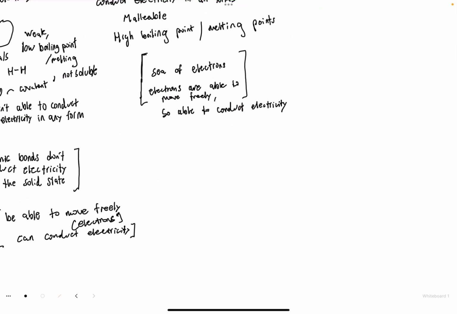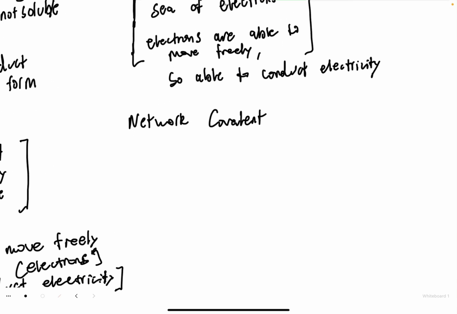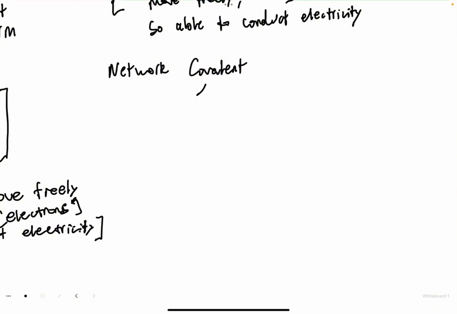So let's go back and try 2 new types of bonds. So let's do network covalent. As the name suggests, network covalent is still a covalent bond. It's just that these bonds are incredibly strong. They're way stronger than your original covalent bonds, and they sort of form this 3D sort of shape.